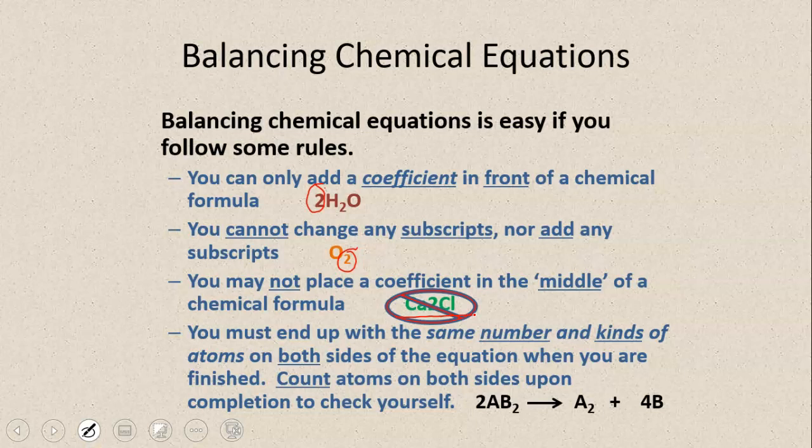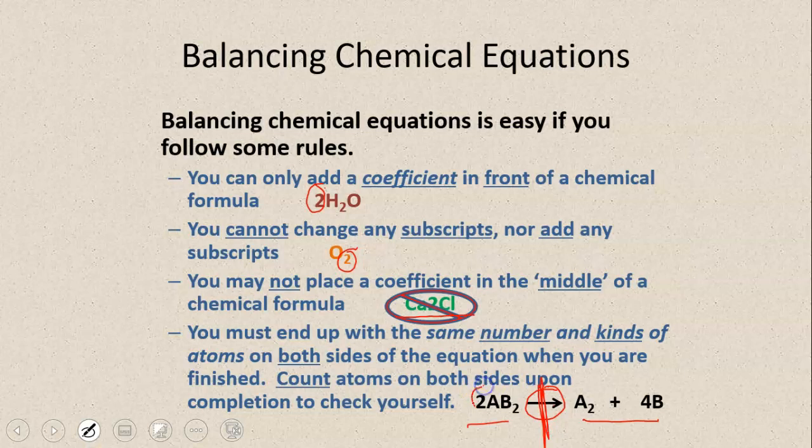So if we look here, this arrow right here is always kind of the dividing line in our equation. It's a little bit like an equal sign, but we said last week that it's not truly an equal sign. It means to produce or yield. But this is like our middle point. So we're looking to see, okay, does this side balance with this side? Here's our middle. So over here we have 2AB2.